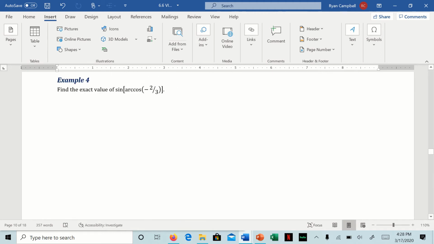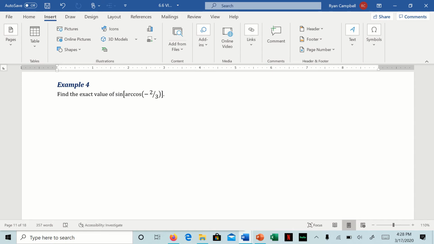All right. So now let's find the exact value of sine of the arc cosine of negative 2/3. So again, remember, arc cosine is the exact same thing as inverse cosine. So if it's negative 2/3, arc cosine, where are we?